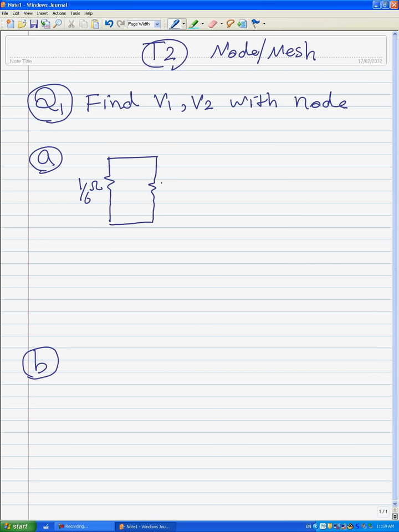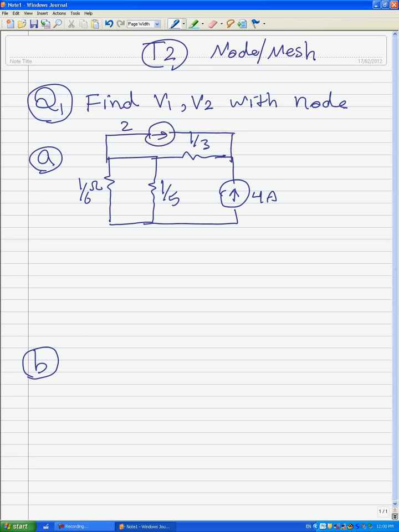We have two resistors here, one resistor here, and also we have two current sources, 4 amps here and 2 amps here. Here we have ground and V1 is here and V2 is here.